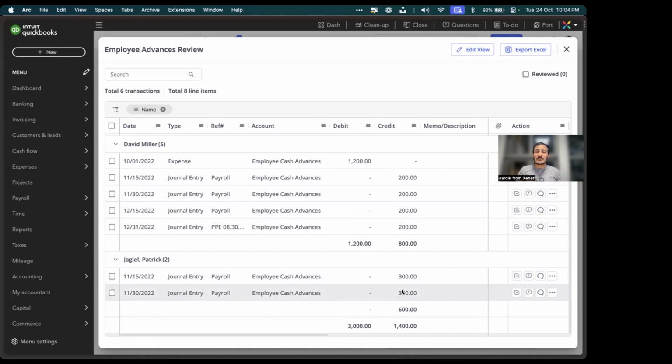Most likely, if you come across this kind of situation, the most common problem we have seen is that the advance amount got clubbed or recorded as wages, as a part of the salary. So imagine whenever you were recording a payroll, instead of separately pulling out that advance amount, we just ended up booking that advance amount as an expense all together. That means this is wrong. We need to have this advance amount recorded here, and that's how we make sure we have the accurate ending balance.